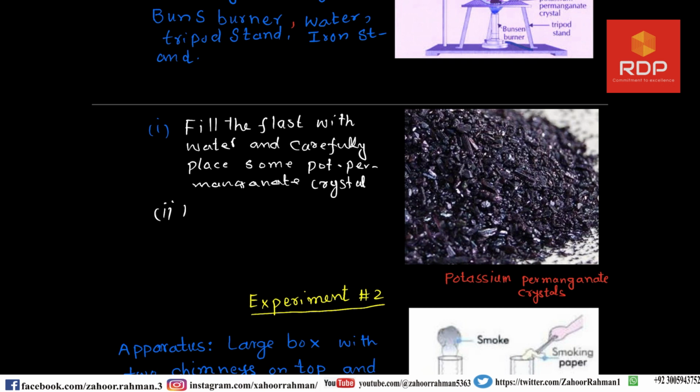So the second step in this experiment is to place a Bunsen burner with a small flame under the flask.